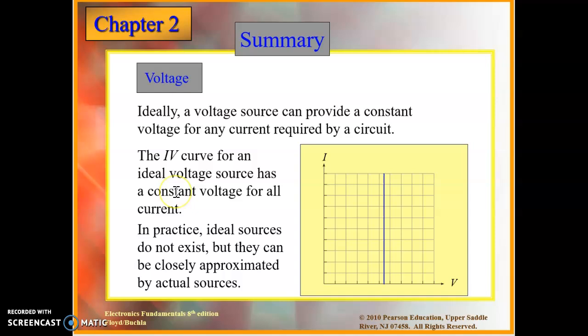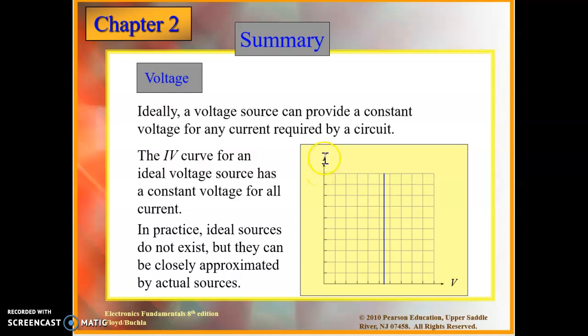So what is an ideal voltage source? Unfortunately, we are only going to deal with ideal voltage sources because we don't have the lab open. The simulation takes care of the ideal voltage source, where I stands for current and V stands for voltage, and it says that in an ideal situation, the voltage source has the same voltage all across, independent of the current.